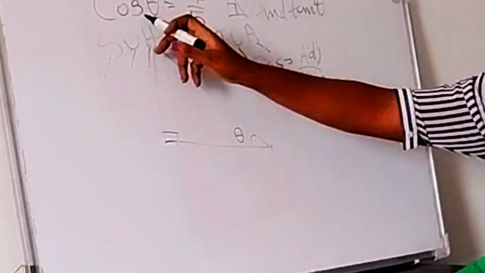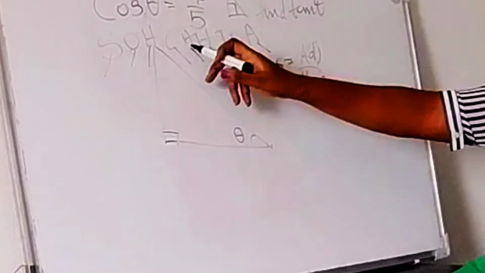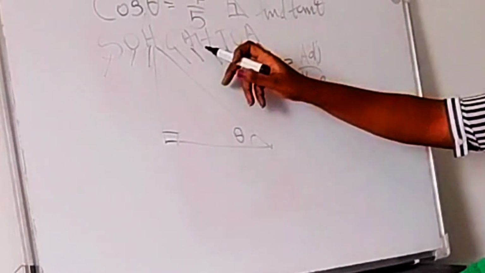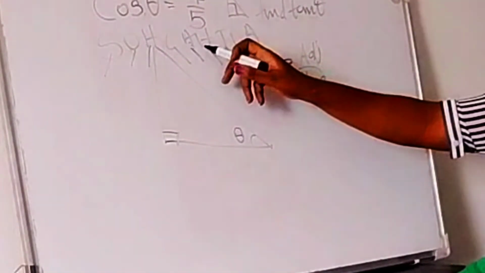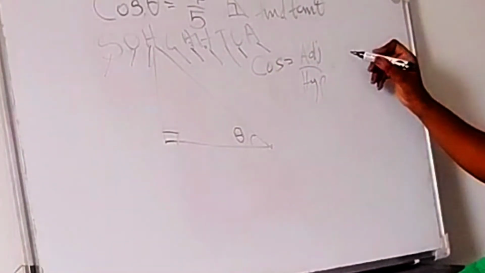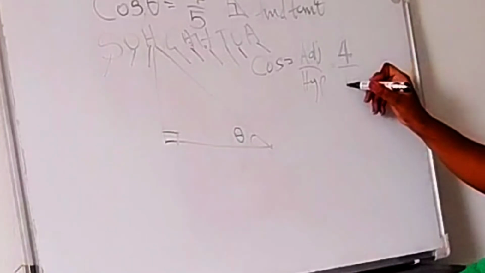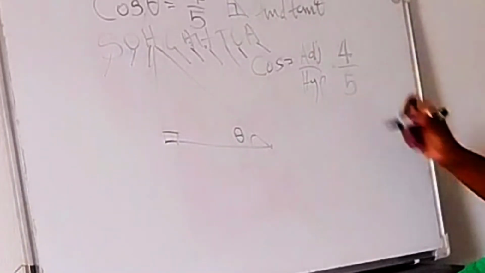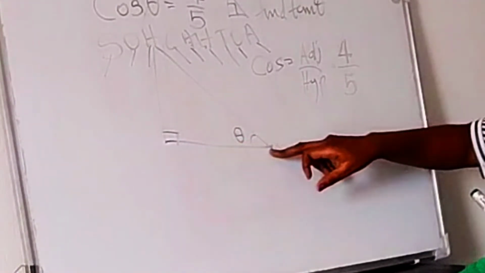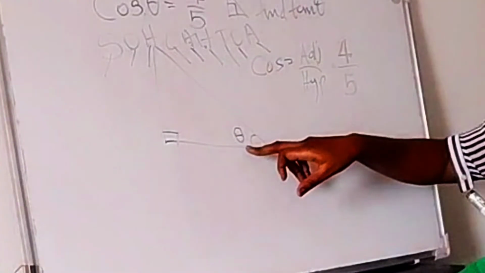So if we say cos theta, it means adjacent over hypotenuse. The adjacent is 4. The hypotenuse is 5. And we also know that the adjacent is the line sharing the angle, right?